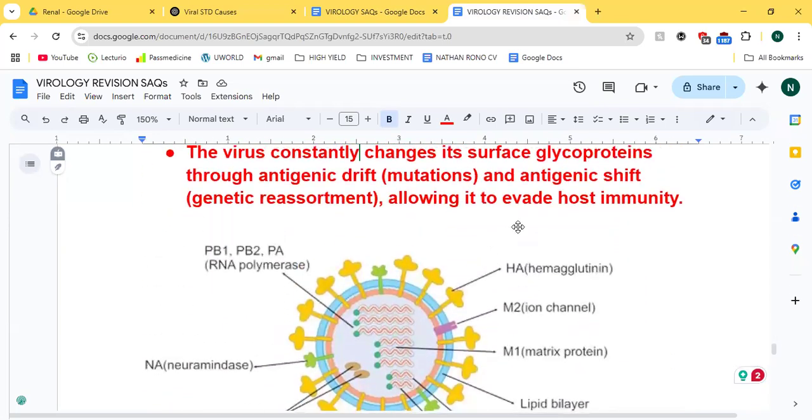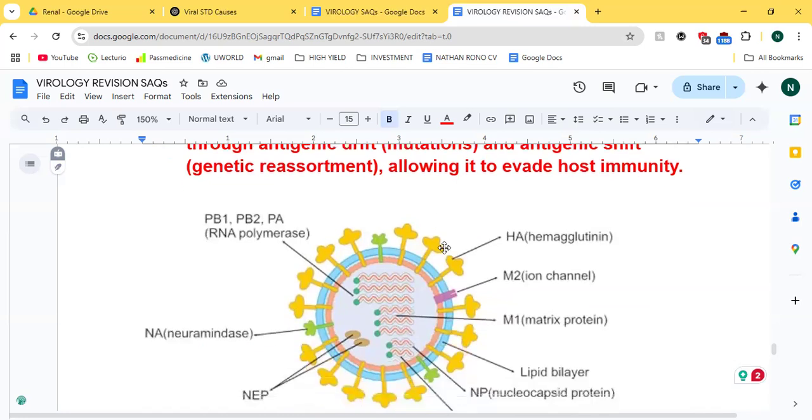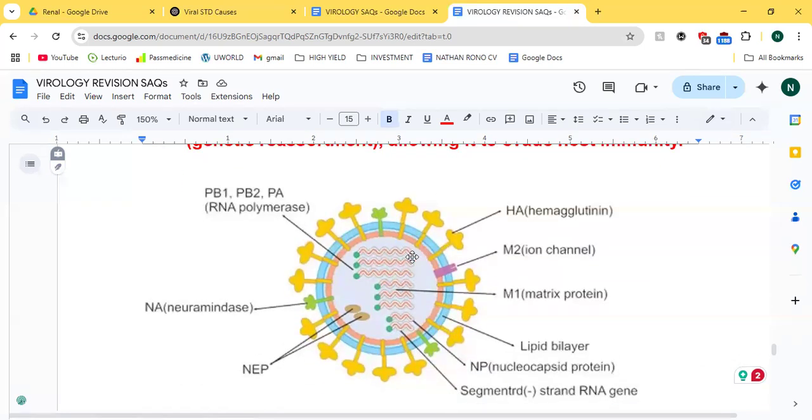So look at this picture. Let's start from the inside. We have the segmented negative-stranded RNA genome, here it is. Then we have the nucleocapsid protein. Then we have the matrix protein, M1, and then the M2 protein. The M2 protein is an ion channel.